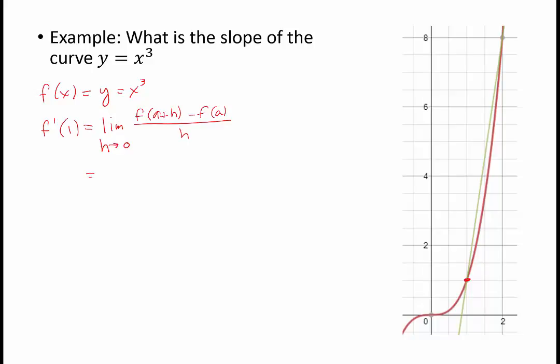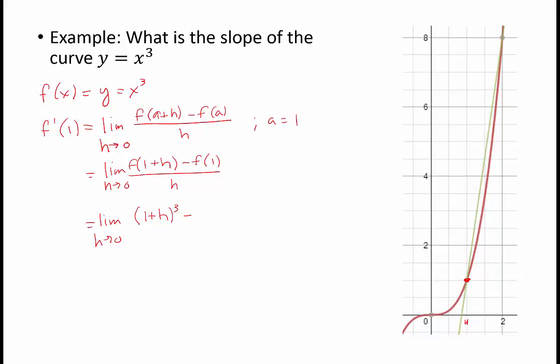Now let's fill in the gaps here. The limit as h approaches 0. What is a if this is the point we're interested in? And the answer is a is 1. So we're looking at f of 1 plus h minus f of 1 all over h. Now, what is f of 1 plus h? Well, that's going to be 1 plus h cubed. What is f of 1?